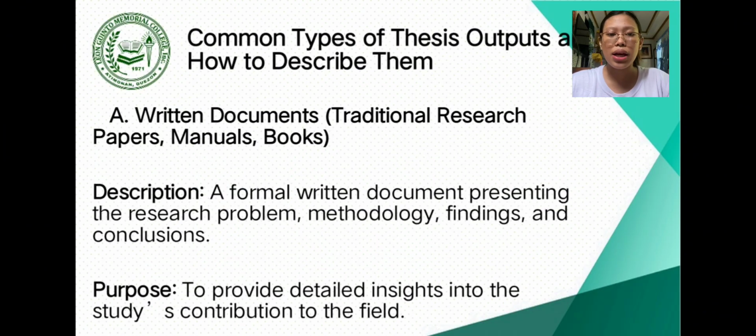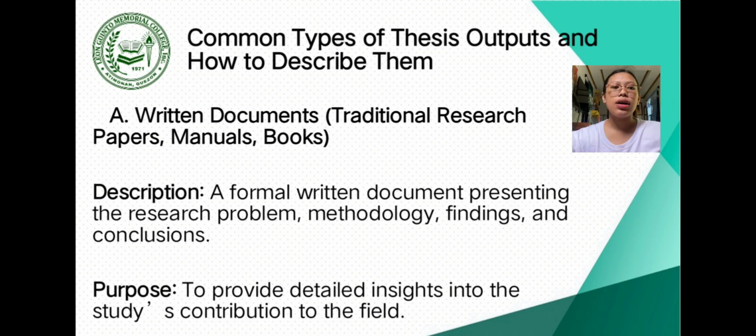So there are common types of thesis outputs and how to describe them. One is the written document, which is the traditional research paper or manual. It is a formal written document presenting the research problem, methodology, findings, and the conclusion. That is the whole part of the research, and its purpose is to provide detailed insight into the study's contribution to the field.